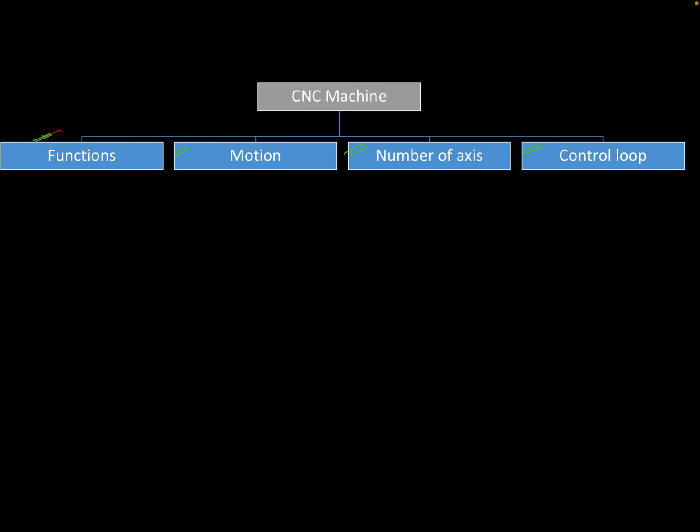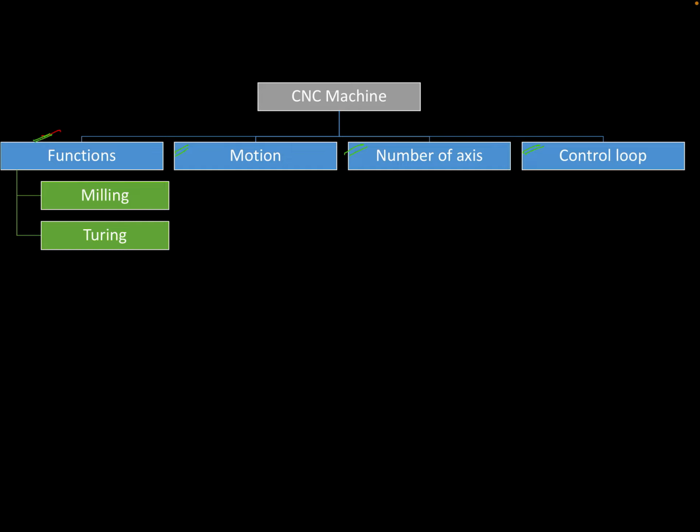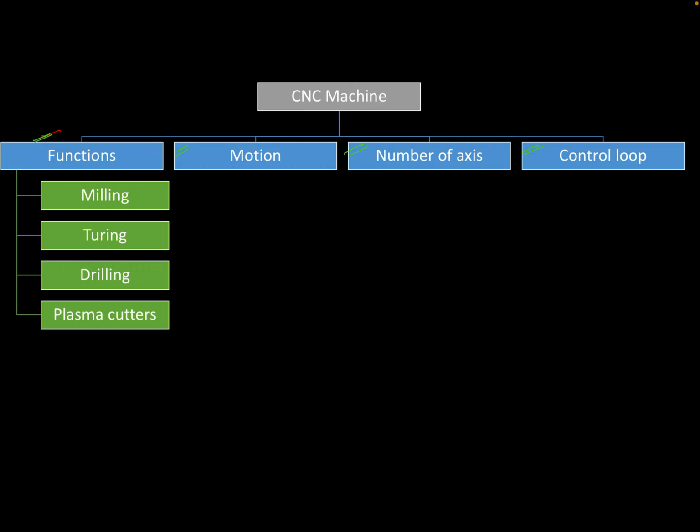Further, according to the functions, CNC machines can be classified as CNC milling machines, CNC lathe machines, which we can also name CNC turning, CNC drilling machines, and then CNC plasma cutters or CNC plasma cutting machines.